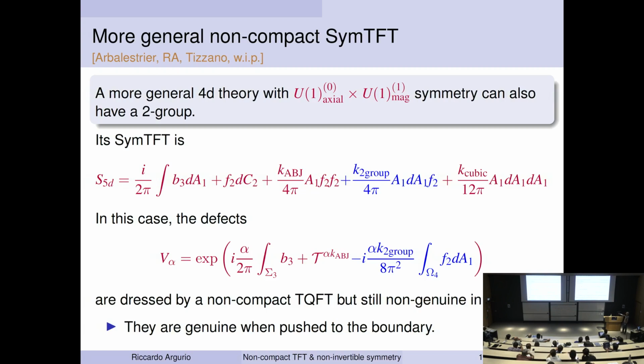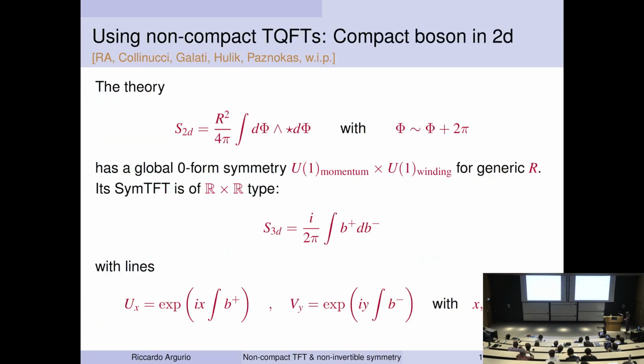And a fun fact: the axial defects are now going to have both a non-compact topological theory dressing them and a surface attached, because for the two-group it is better to have an attached surface. Okay, so let me now go on to a different example and a different use of non-compact TQFTs, which is again a paradigmatic example.